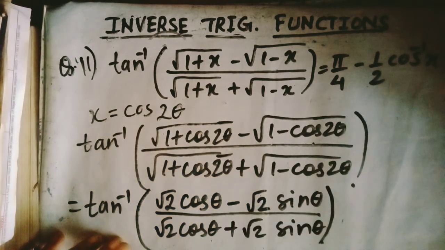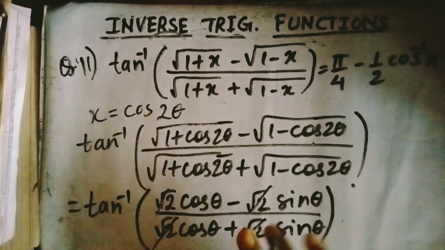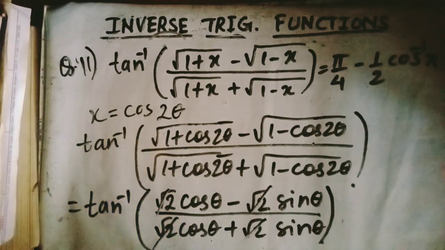Okay, so root 2 gets cancelled everywhere, so you will get cos theta minus sin theta upon cos theta plus sin theta. So you can convert this to tan theta by dividing by cos theta in the numerator and denominator, because we want to make it as a tan theta, right?